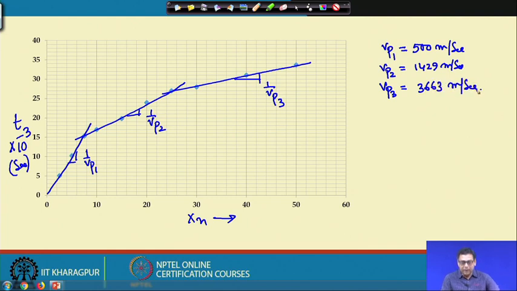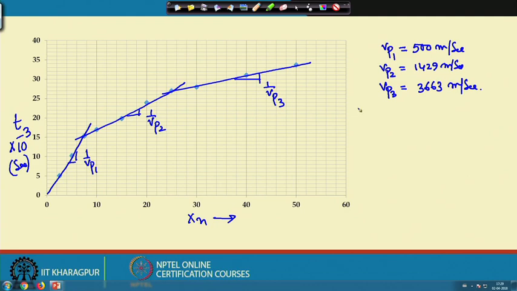You may get slightly different values, because that depends on how you draw this curve, because we are joining this curve. But there are three slopes, there is no doubt, and the values should be close to these. Now, this gives us the velocity of each layer.